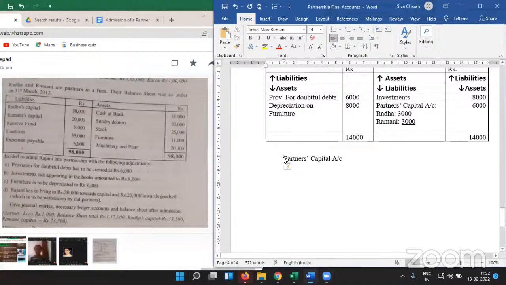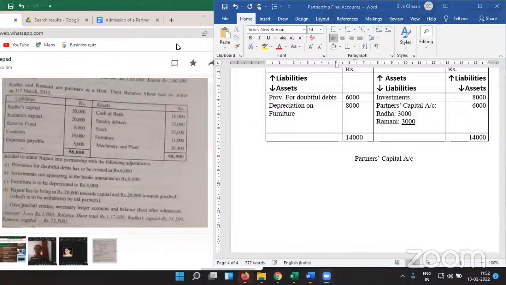Partners' capital account. So open the table. Insert the table.